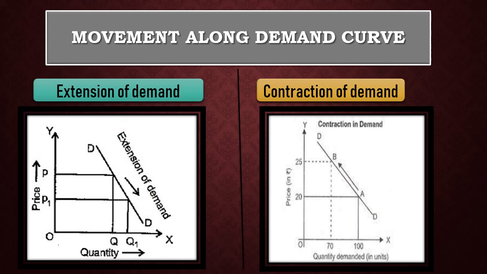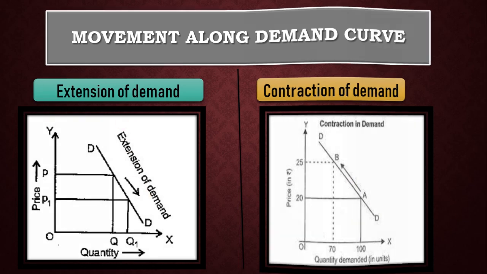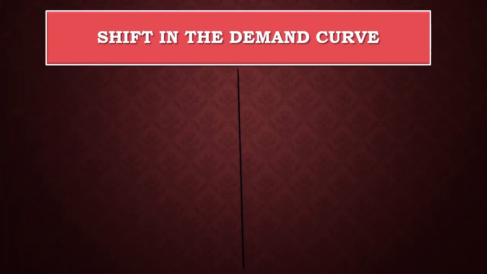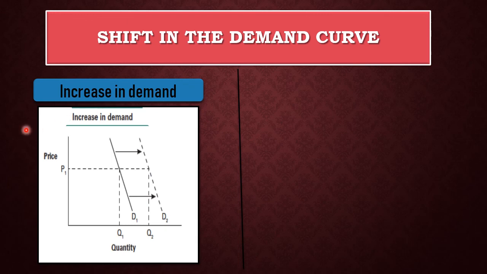Let's move to the next concept, that is shift in demand curve. So increase in demand is the same concept as extension of demand. The difference is that in that case we kept the factors of demand constant, but in this case we keep the price constant.